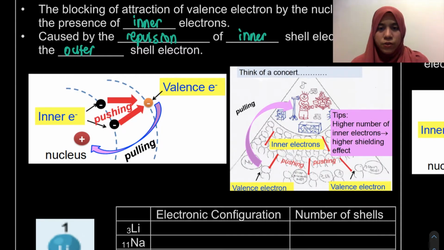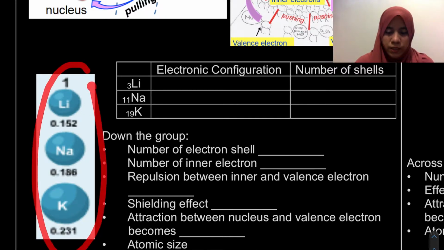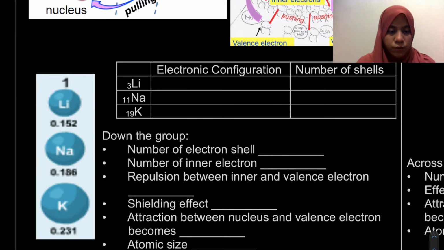Okay. So jom kita tengok how do we explain this. Okay. So here is actually the atomic radius for a given atom down the group. Ni is actually group 1 element. We have our lithium, we have our sodium, and we have our potassium, K. Okay. So electronic configuration kita, if you still remember, lithium 1s2, 2s1.